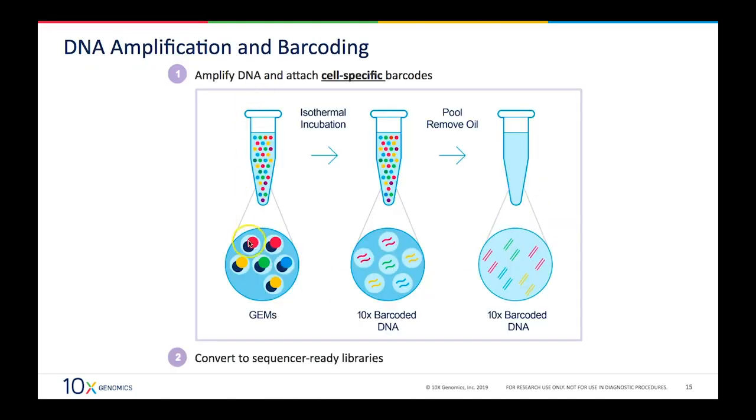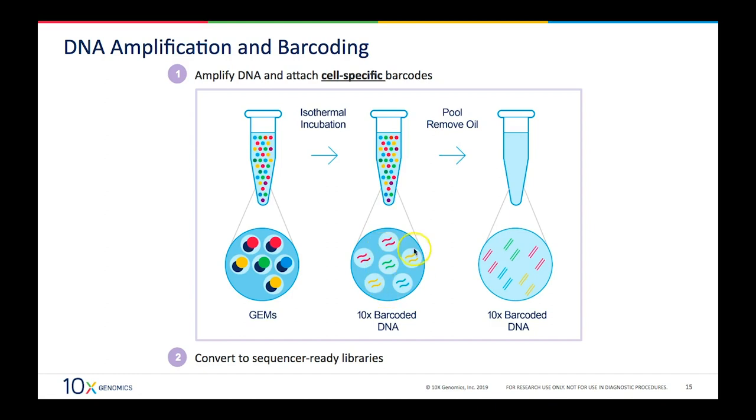Upon generating this emulsion, you have mixed it also with everything that is necessary for your molecular assay. Following your user guide, you go through the isothermal incubations, during which the DNA will be amplified and barcodes will be attached. So now you end up with all of this emulsion that contains barcoded DNA, with a barcode specific for each cell.